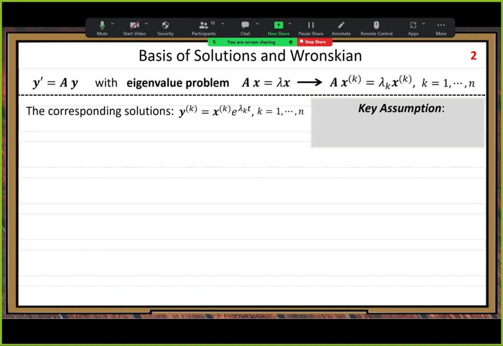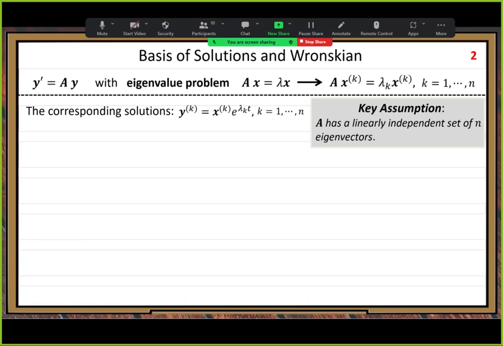If we do not use it, then the discussion could be very complicated. So what's that assumption? A has a linearly independent set of n eigenvectors. These n eigenvectors, we assume they must be linearly independent.